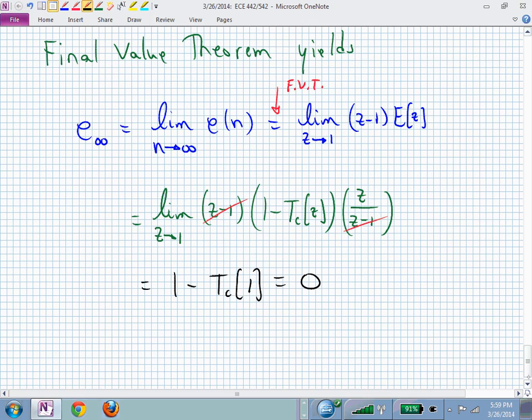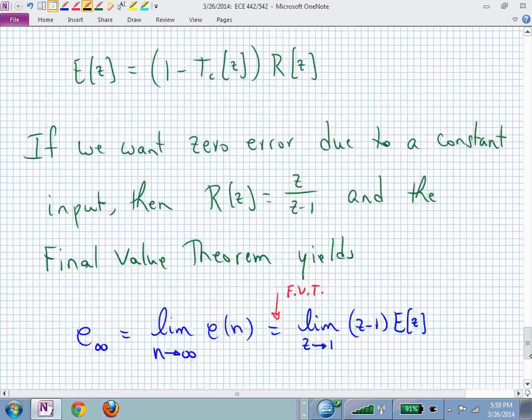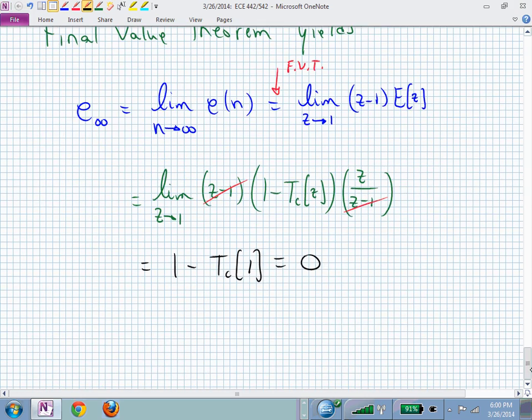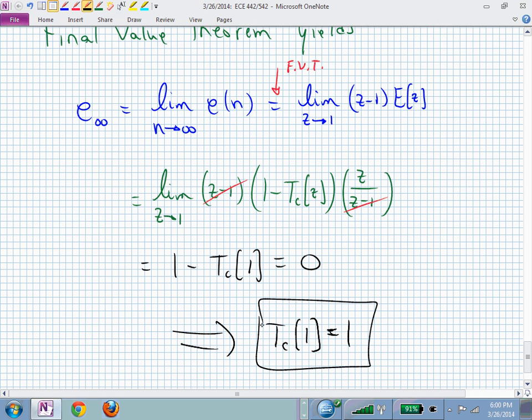Meaning, if we want zero error due to a constant input, we need to force t sub c of z to have a DC gain of 1. So if there are some unknown coefficients in t sub c of z, restriction 4 says we need t sub c of 1 to equal 1.